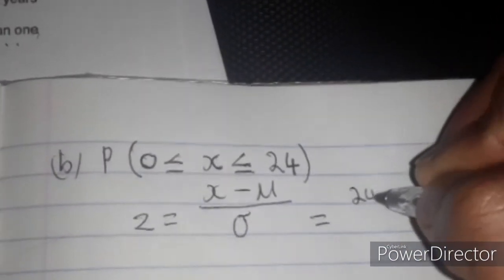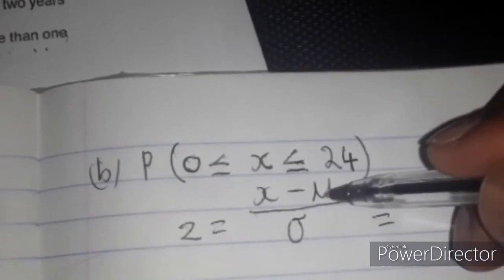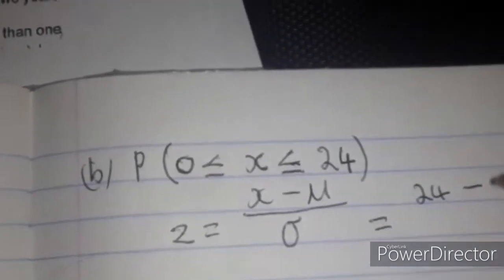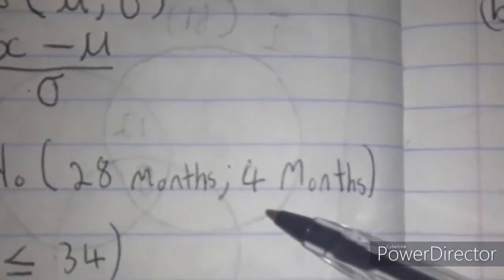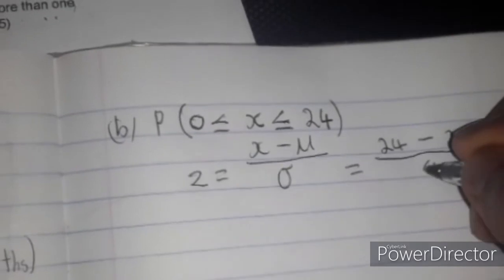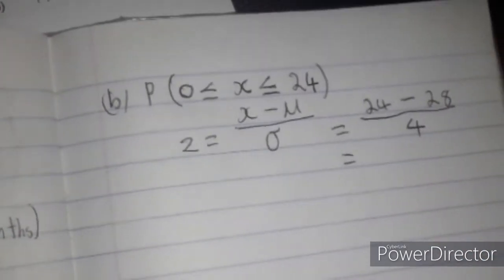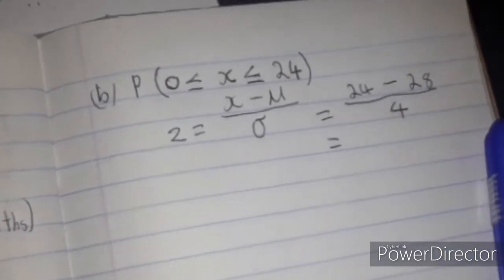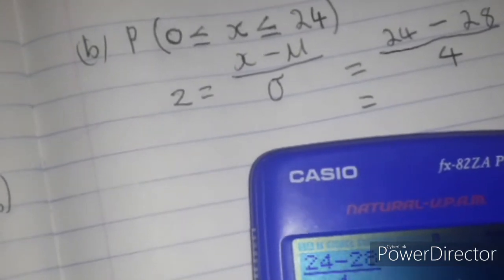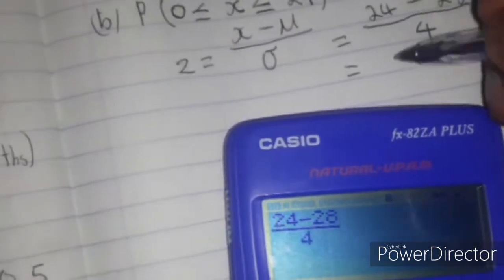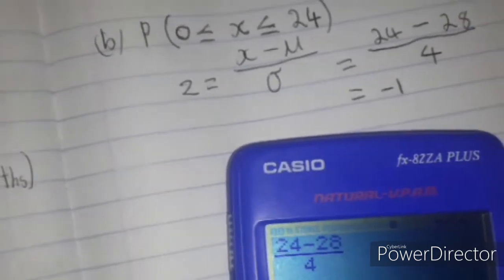So x is 24 minus mu. Mu is the mean, which is 28 months, and it doesn't change. Divide by the standard deviation, which is 4. So the z value is equal to 24 minus 28 over 4. So the z value is minus 1.